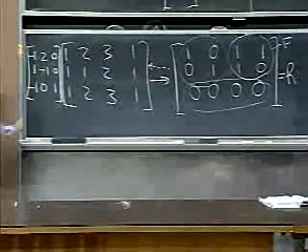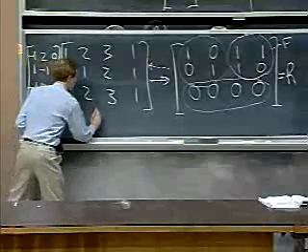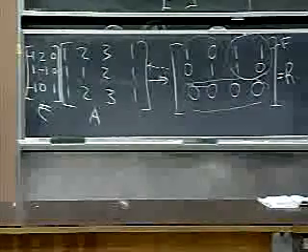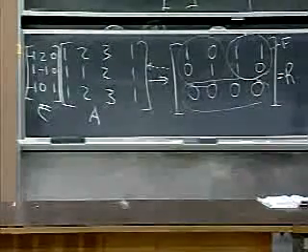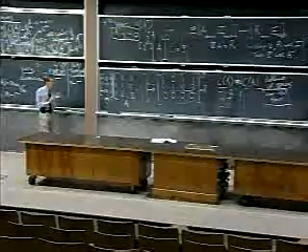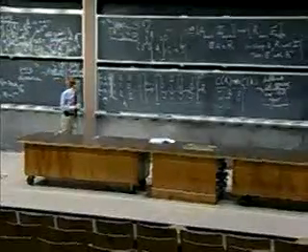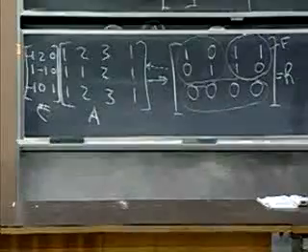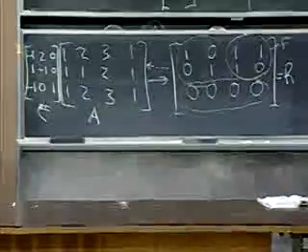Okay, that's my E, that's my A, and that's R. All right. All I'm struggling to do is, the reason I wanted this blasted E was so that I could figure out the left null space. Not only its dimension, which I know.